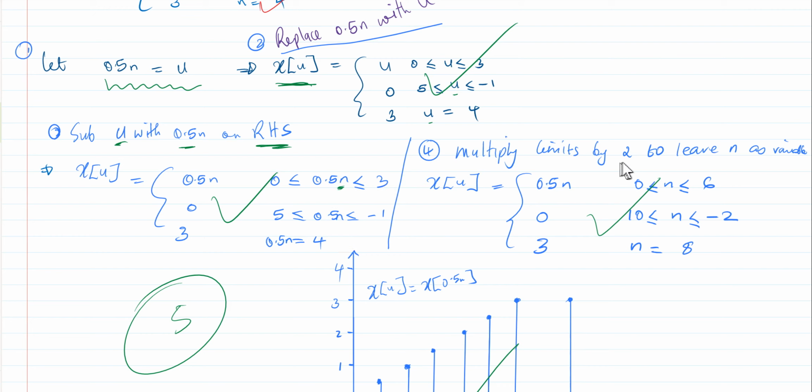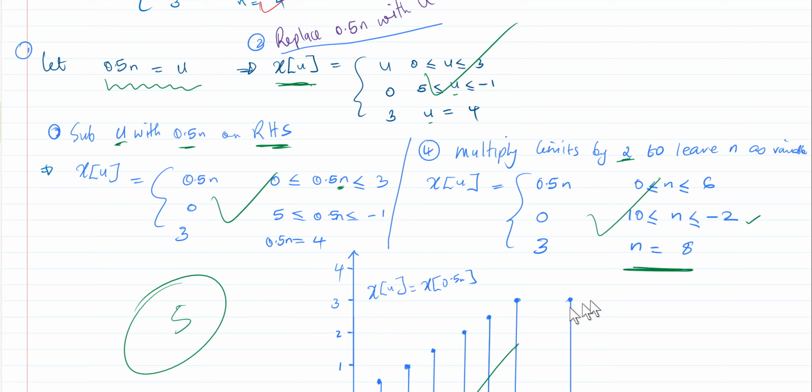When you multiply our limits with 2, this becomes 0, this becomes 6, so 0 to 6. And of course, 0.5 times 2 becomes 1. The other limit, multiplied by 2, becomes 10, and this becomes minus 2. At the other time, we multiply by 2, it becomes 1n, and on the right hand side, we get 8. So that is how we are getting the new limits.